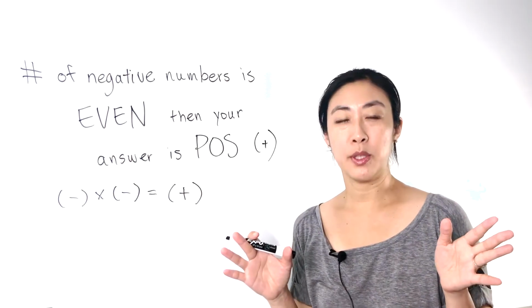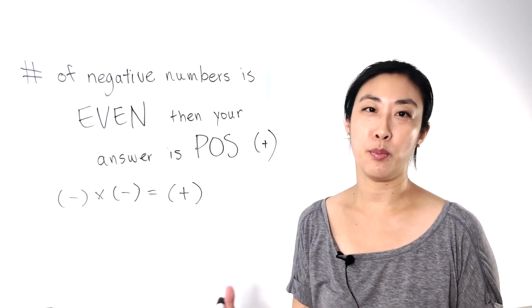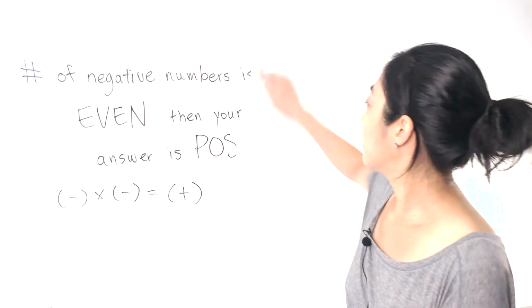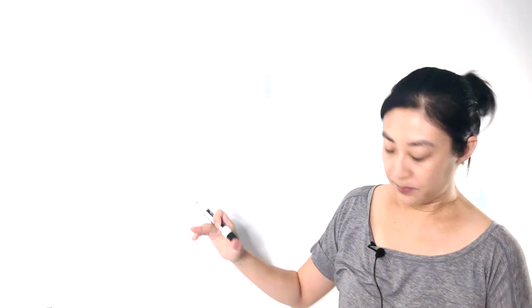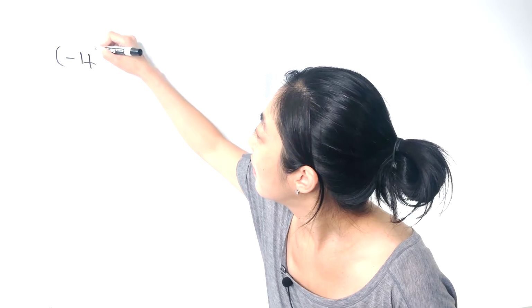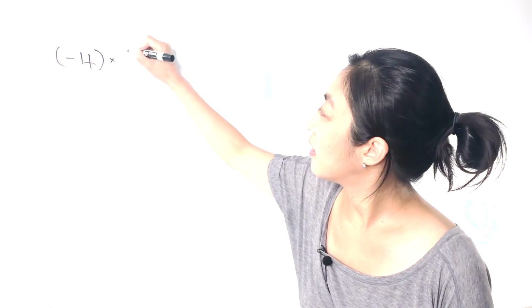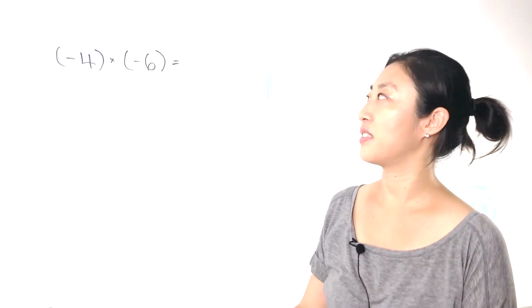I know this may seem a little bit confusing, so let me give you some example problems to make it a little bit more clear for you. So we have the problem -4 times -6.